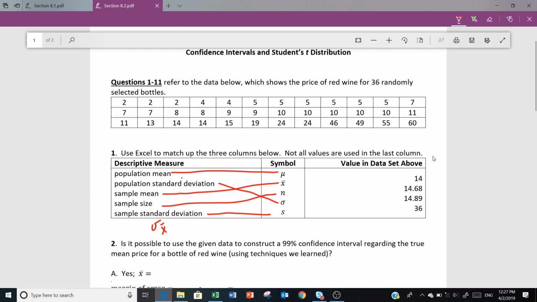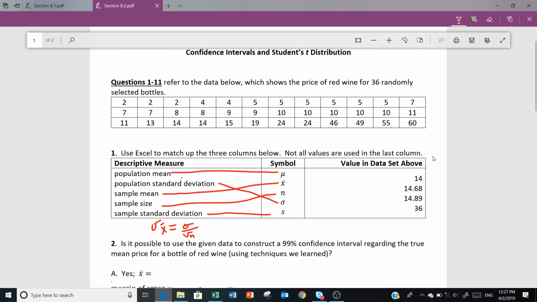That's the population standard deviation divided by the square root of the sample size. This is also the standard deviation of the blank distribution. You guys remember that weird word? It's the standard deviation of the sampling distribution.